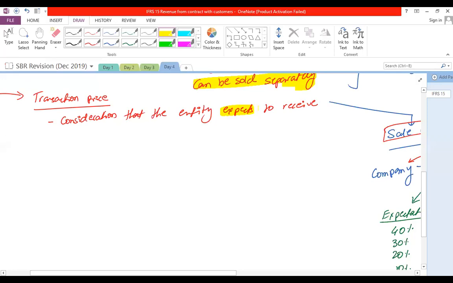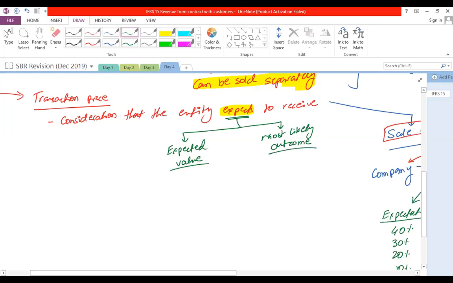So we should take our expectation, and when we say expectation, it means either the expected value or the most likely outcome.